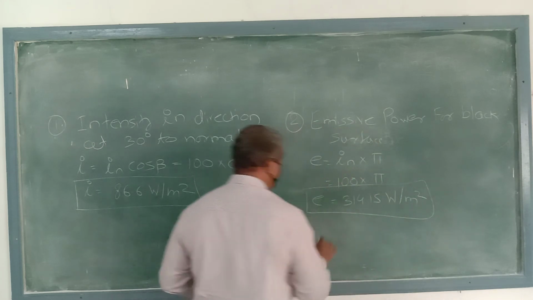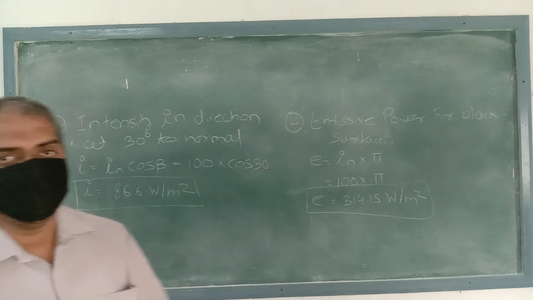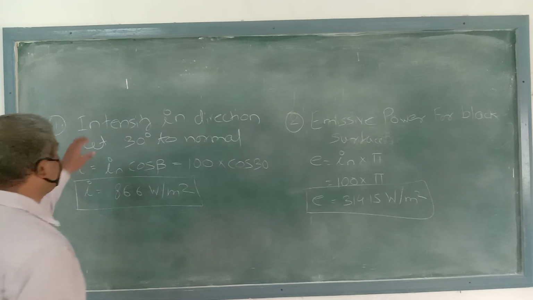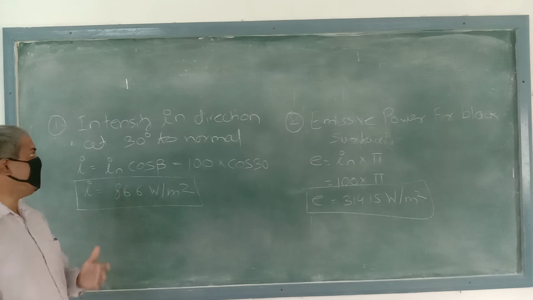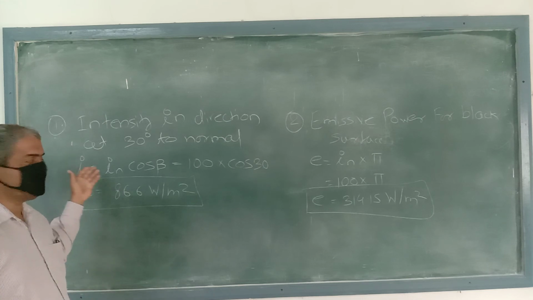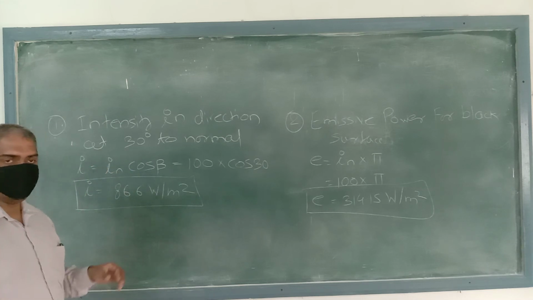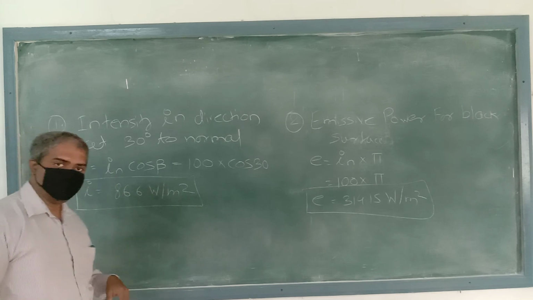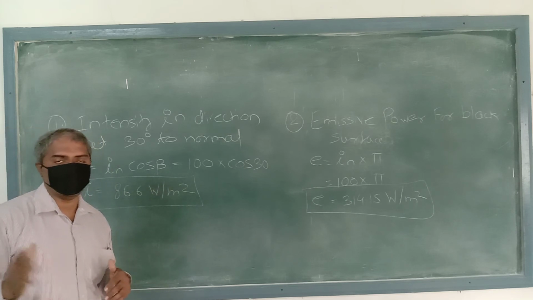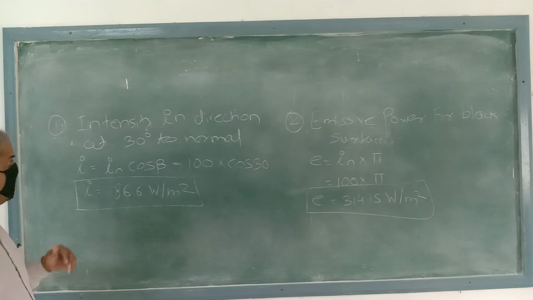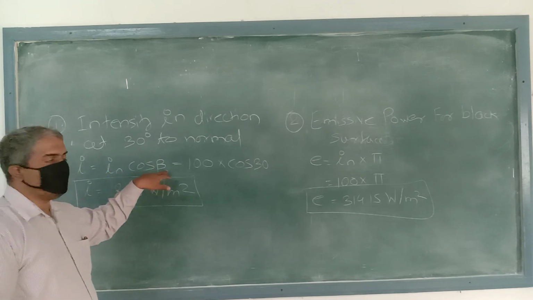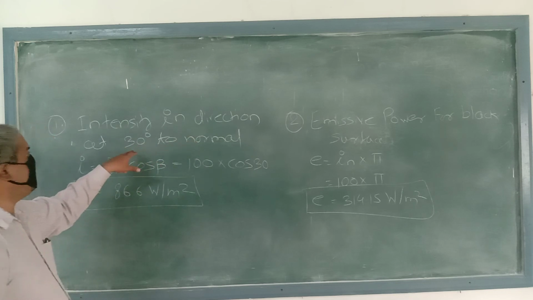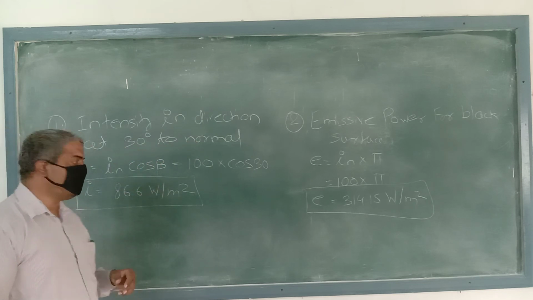So in this way, by using the formula, first we have calculated the intensity in the normal direction. We are using the formula I is equal to In into cos of beta. In is the intensity in the normal direction they have given, that is the 100 value, watt per meter square. The beta angle they have mentioned, we have to find that, 30 degree to the normal.